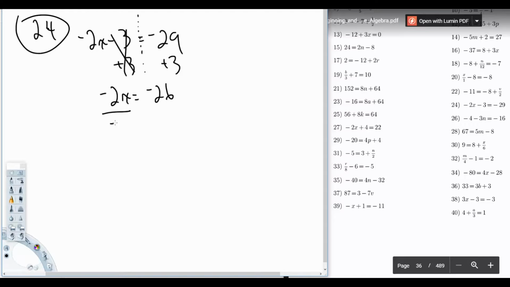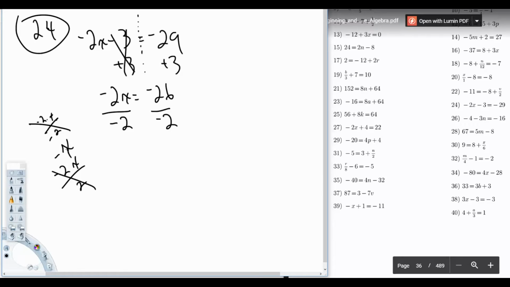Here I'm going to divide by minus 2, because this is really minus 2 times x. So we want to divide by minus 2 to give us a 1. Basically, when we divide these things, we want a 1, which is why I didn't do minus 2x over 2, because I would get a negative x.